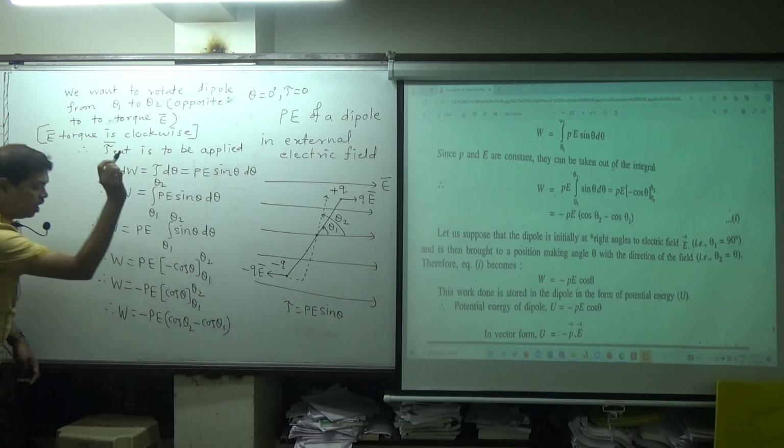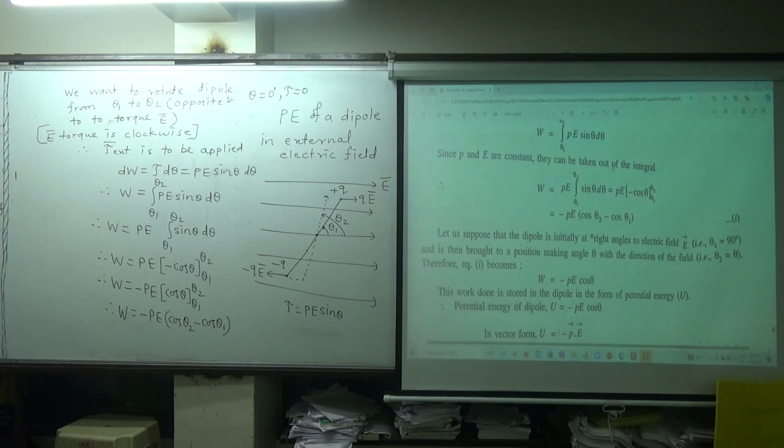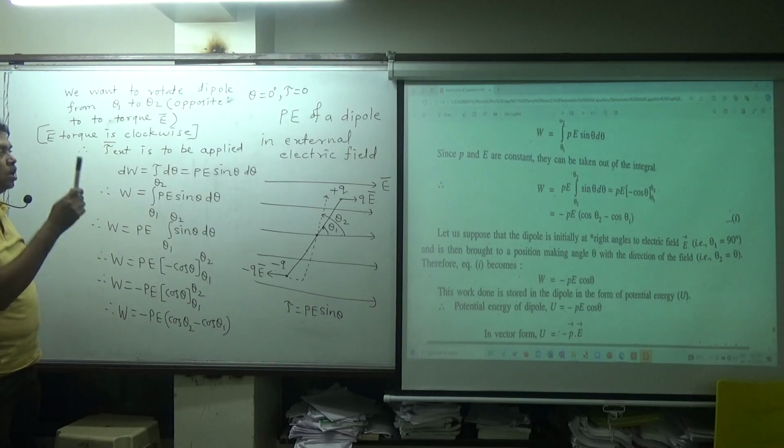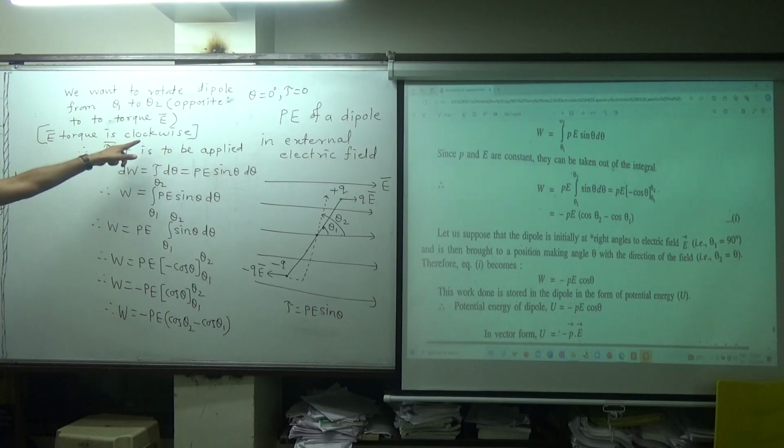minus cos theta 1. This is the work done in rotating the dipole from theta 1 to theta 2 against the torque of E bar.